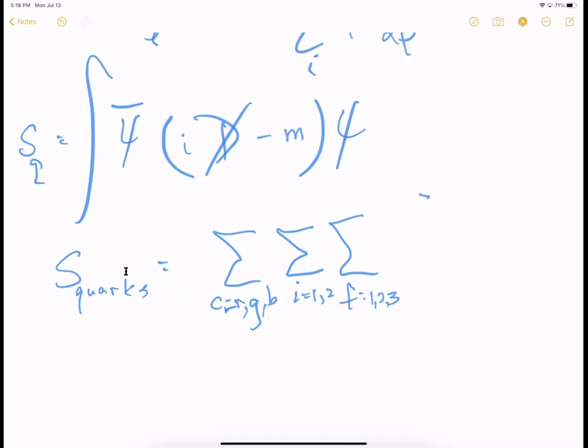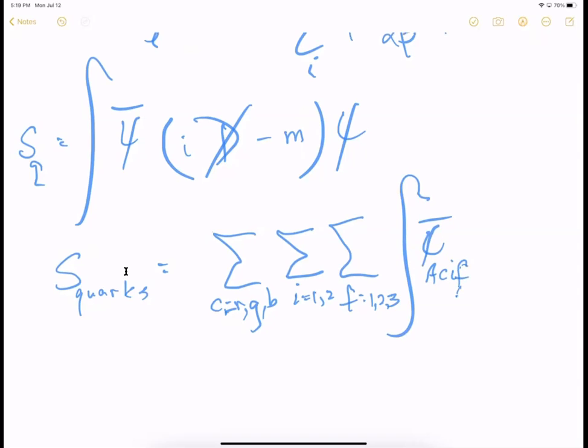And then we have psi bar. What is this? It's got a spinor index A, and it's got a color associated with it. It's up or down, so it's got an isospin associated with it. And it's got a generation or a family. And then we have gamma matrices with a covariant derivative minus m.